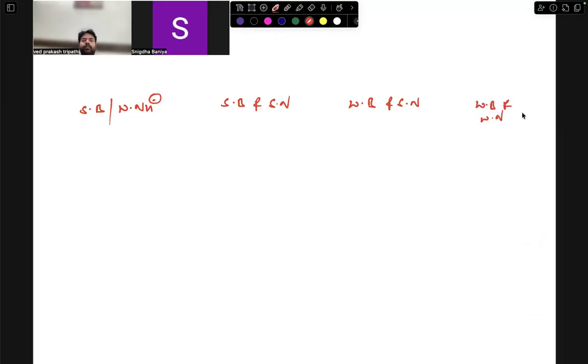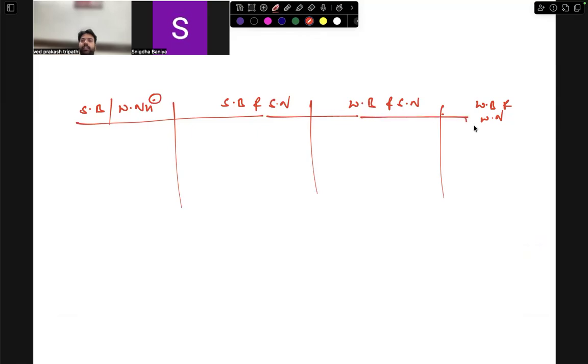Clear? So I would like to teach you a technique as well, at the same time, like how you can figure out easily which one will exist in this category. So strong base and weak nucleophile is generally the bulky one.